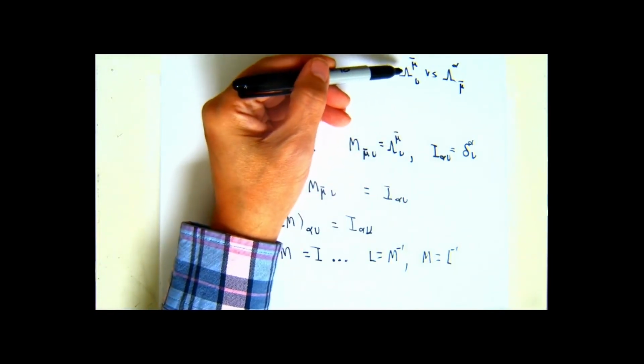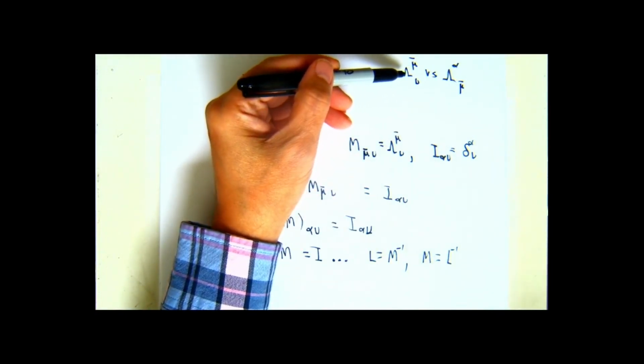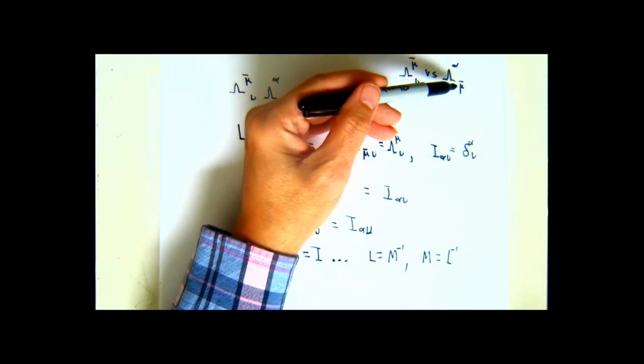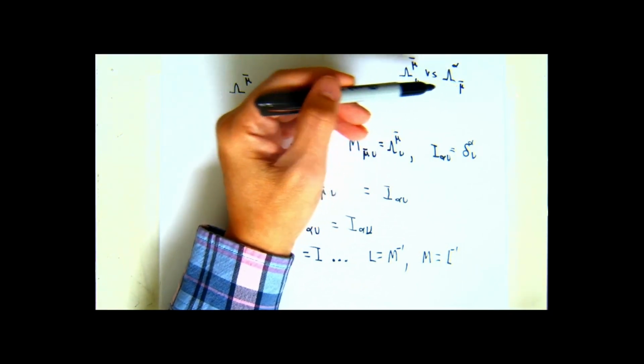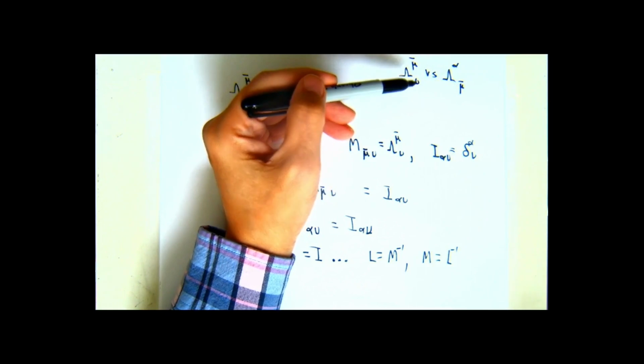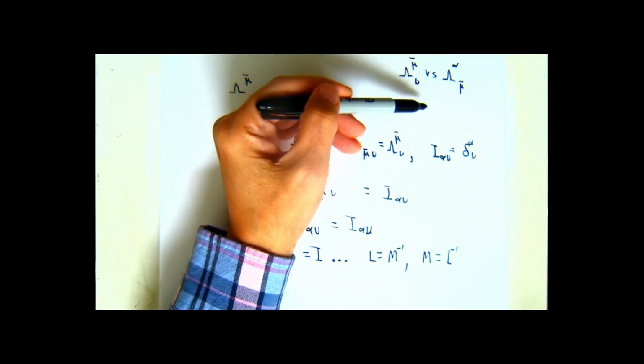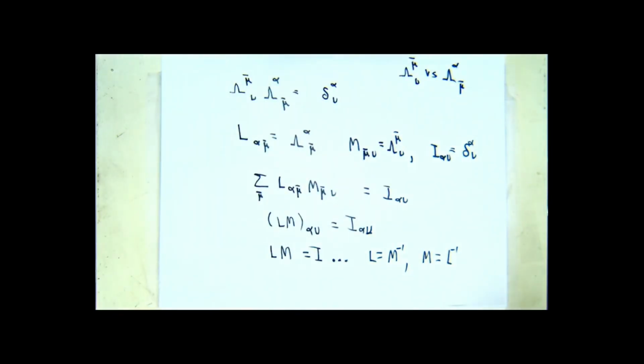These numbers are the numbers out of a certain matrix. Those numbers are the numbers that come out of the inverse of this matrix. So we have to be very careful about the placement of the bar and no bar index here.